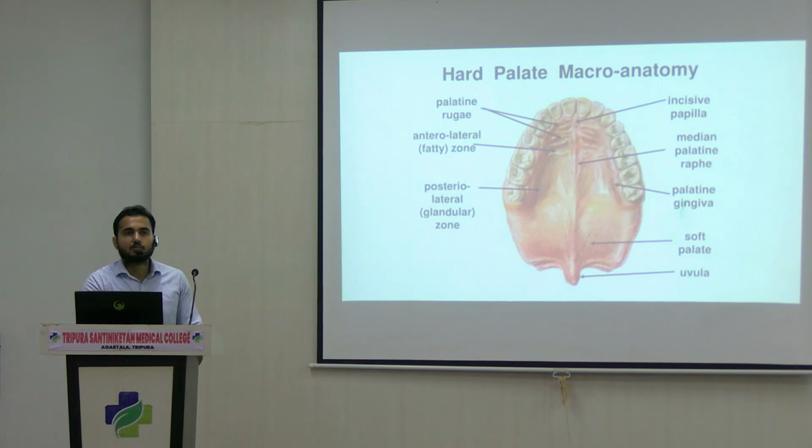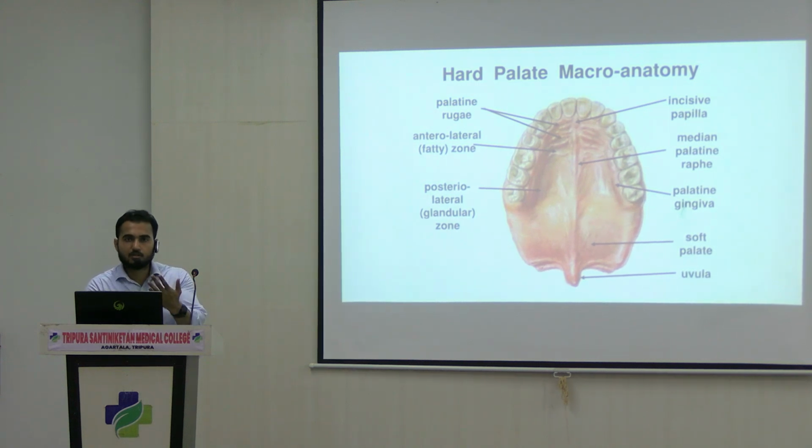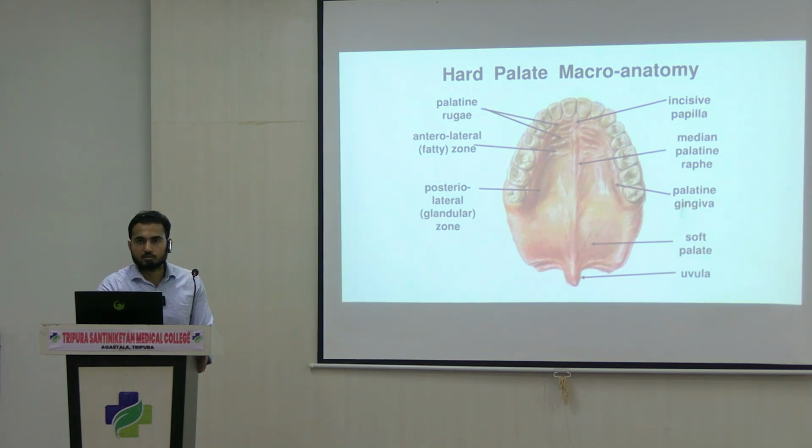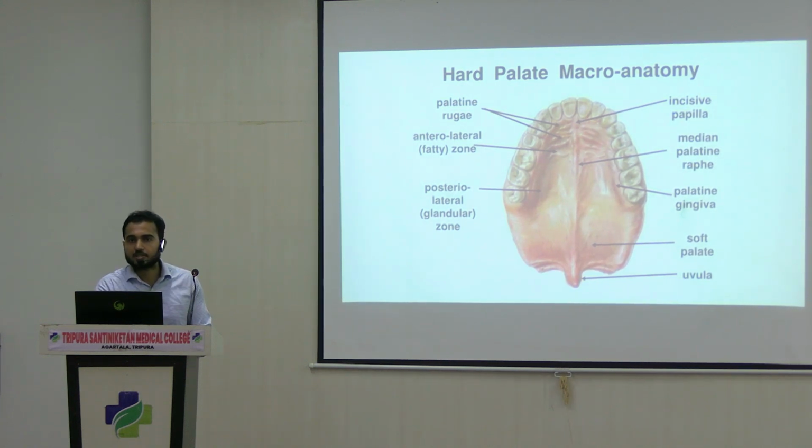Whenever you are opening your mouth, stand in front of a mirror, just open your mouth and see the roof of the oral cavity. I hope you can see all those things, right? These structures can be seen. So as I said, it is covered by a mucosa that is called masticatory mucosa.